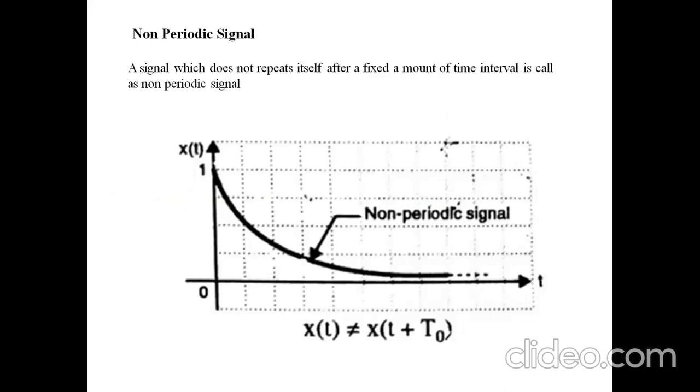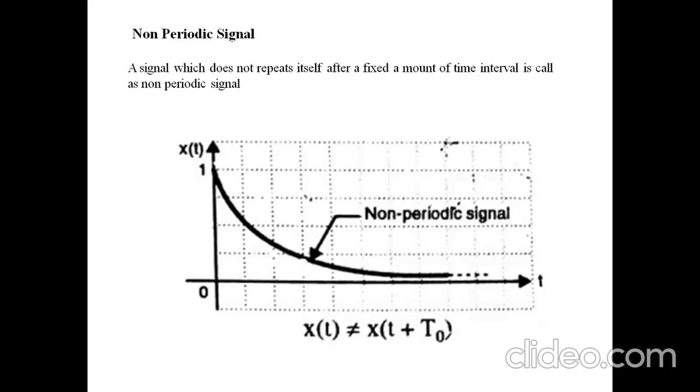A non-periodic signal is shown in this waveform. On the x-axis it is represented by t, and on the y-axis by x of t, and mathematically it is represented as x of t is not equal to x of t plus t0. Here the nature of the signal is decreasing.